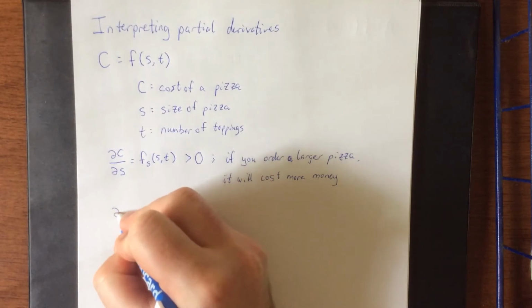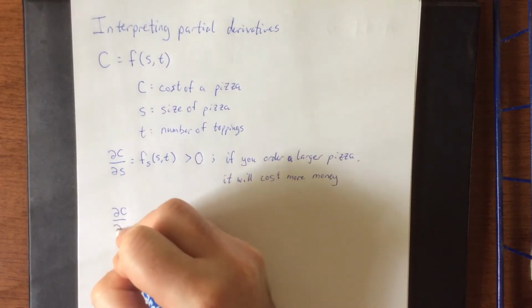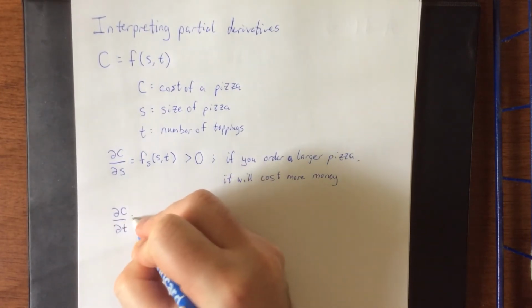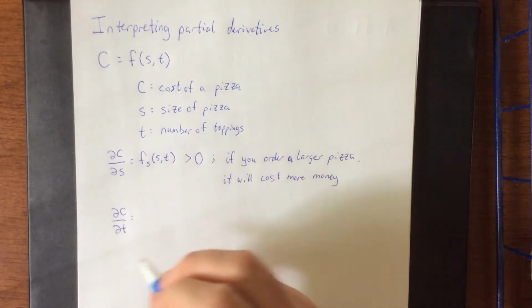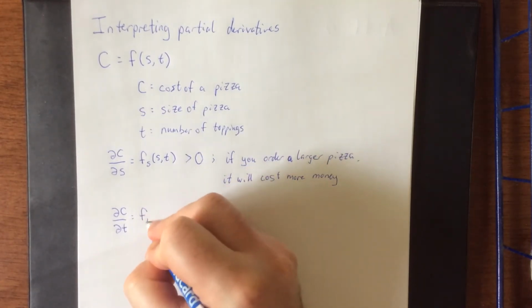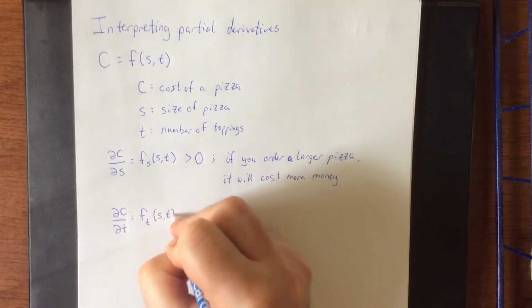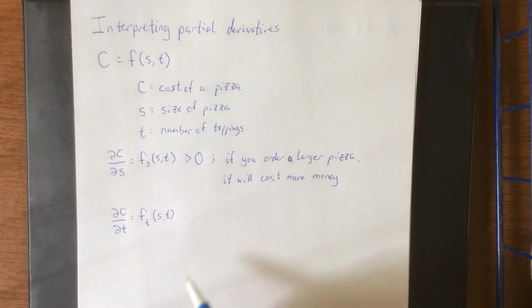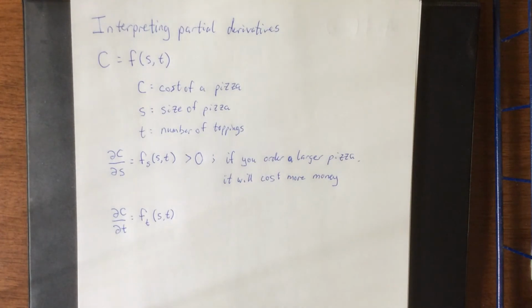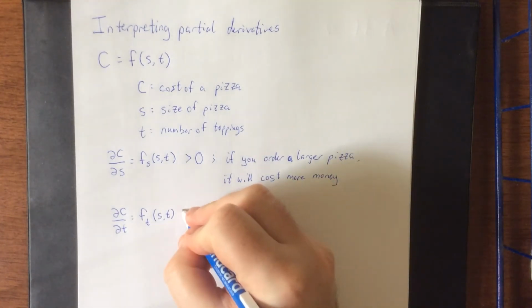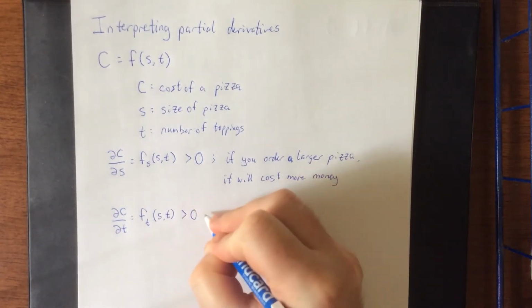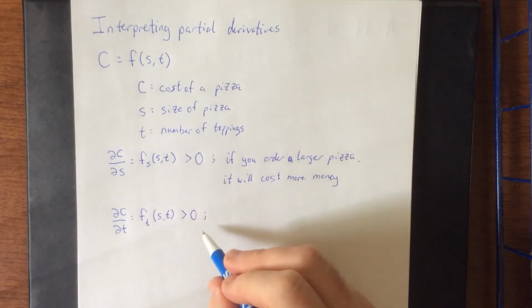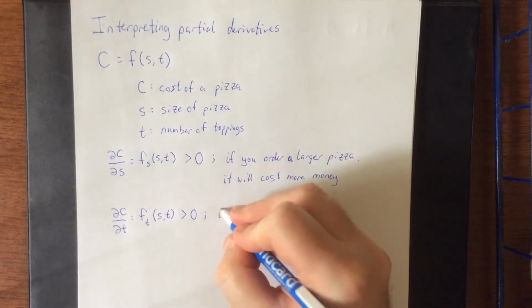Now, on the other side of things, we could also talk about dC over dT, the partial derivative of the cost of the pizza with respect to the number of toppings. So this is saying if we keep the size of the pizza consistent and order more toppings, generally what happens to the cost of the pizza? This would be another situation where we can expect this to be an increasing quantity, so this derivative would be greater than 0.